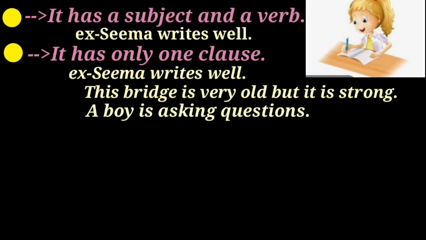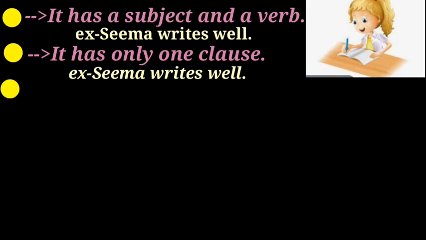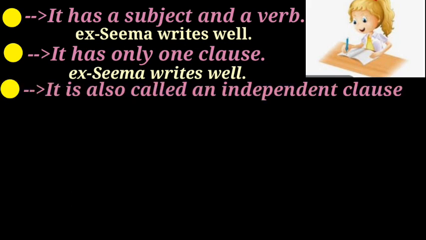If the sentence is big, then it consists of two or more clauses. And if the sentence is small, it consists of only one clause. So Sima writes well is a clause and also a sentence. The simple sentence is also called an independent clause because it doesn't depend on another.